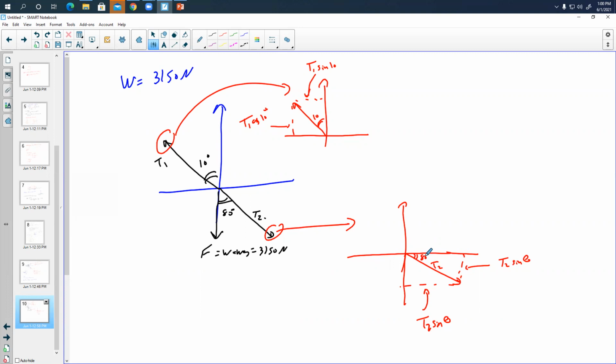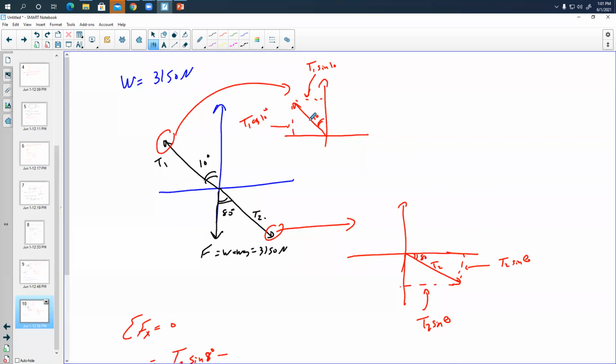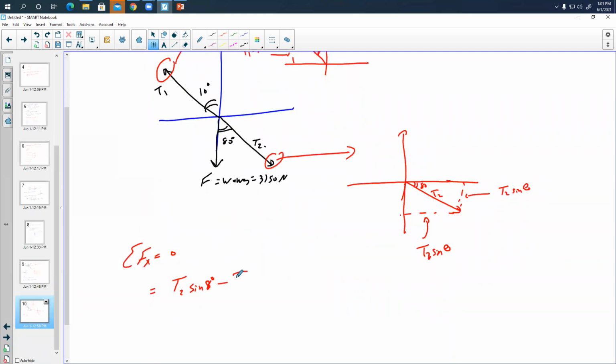So your forces in the x direction are going to equal 0 to have equilibrium. So that means your T2 sine 80 degrees minus, the first one's going in the negative quadrant, so it'd be T1 sine 10 degrees. We're going to call that equation 1.